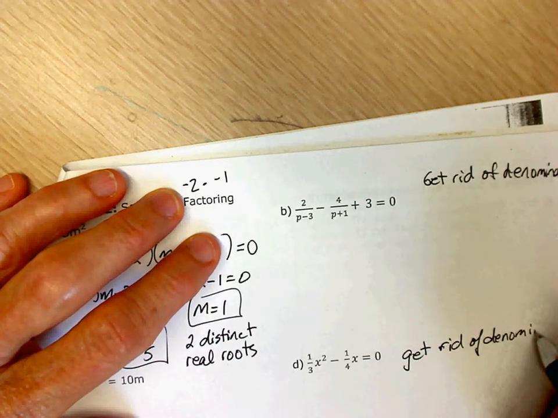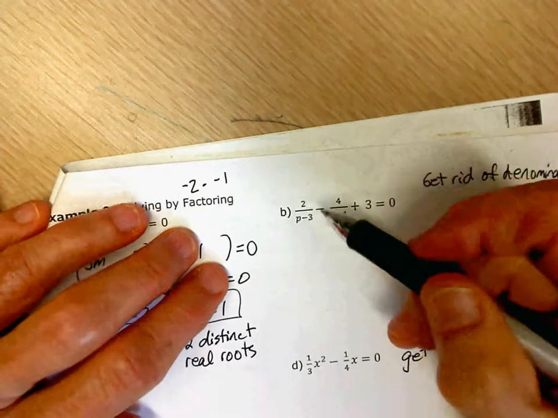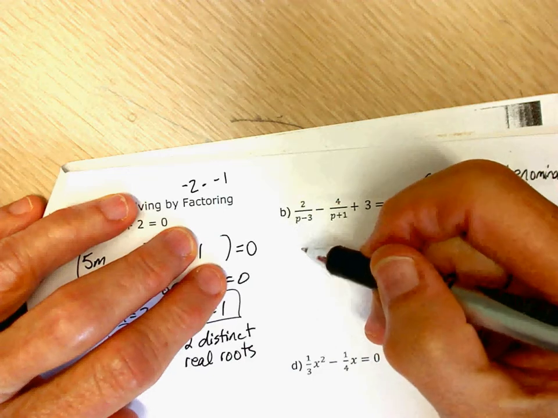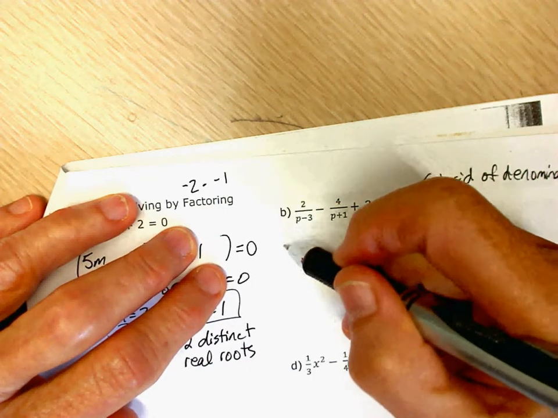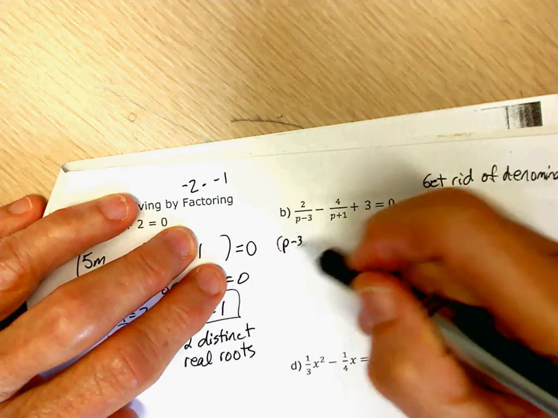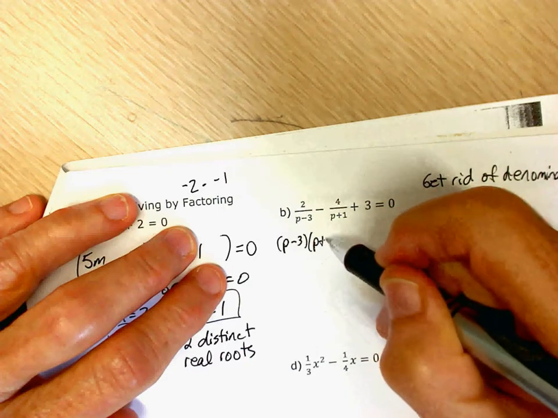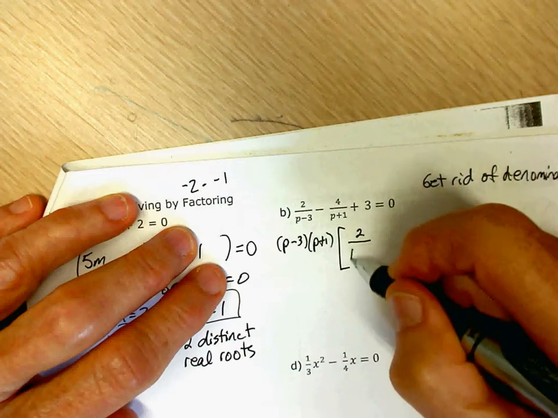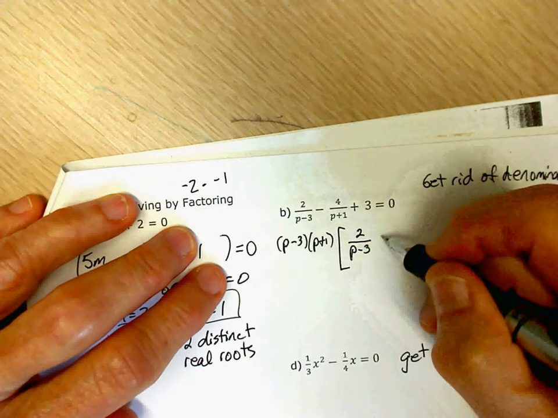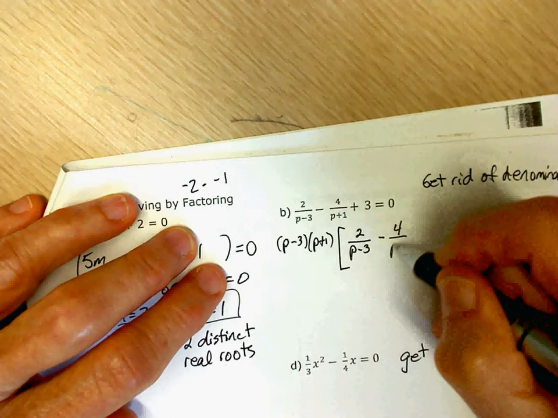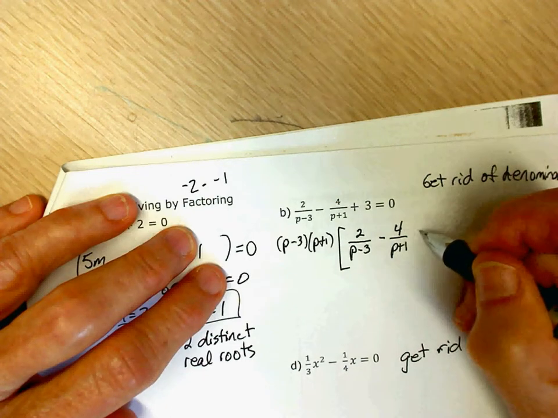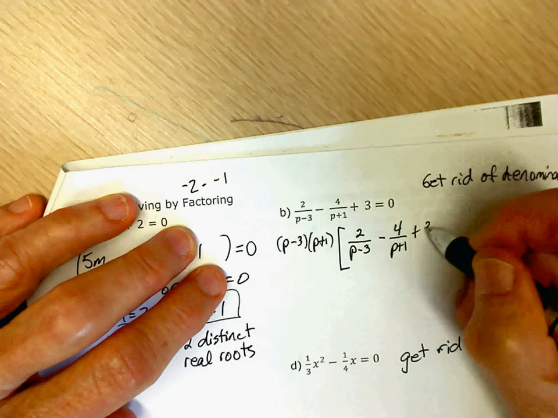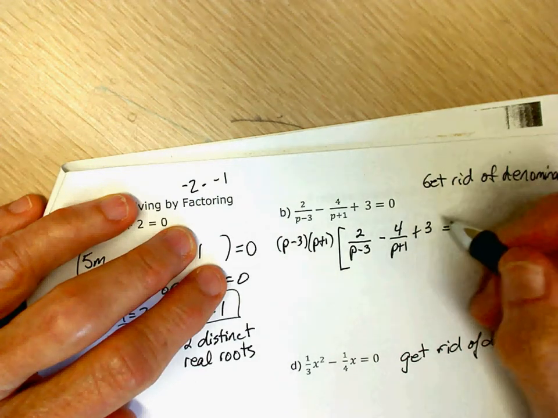So, what you do is you multiply by the lowest common denominator, which in this case is p minus 3 times p plus 1, times this big guy, 2 over p minus 3 minus 4 over p plus 1 plus 3 equals 0.